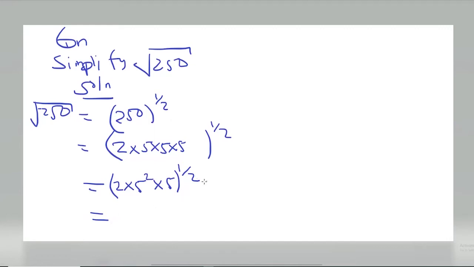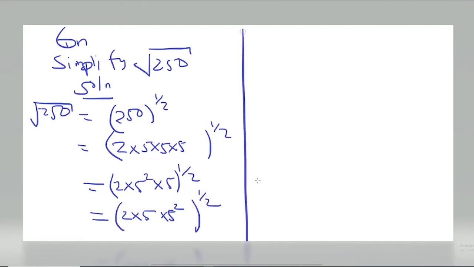Now here I'm going to have 2 times 5, just arrange it like this, times 5 squared. And here I'm going to have 2 times 5, this one is 10, times 5 squared, and the whole thing power a half. And this one will be equal to 10 power half.